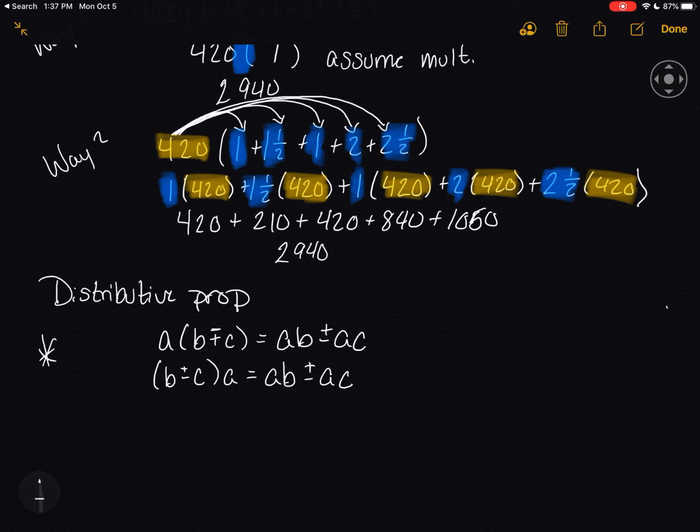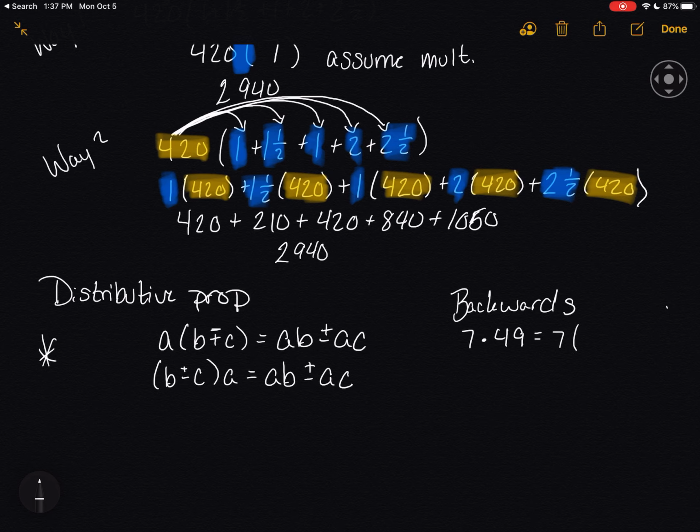You could also go backwards with it. If I had AB plus or minus AC, A is common between those two things, so we could go backwards and pull that A out. For an example of going backwards, since we did one going forwards, if I had something like 7 times 49, that would be the same thing as 7 times (50 minus 1).